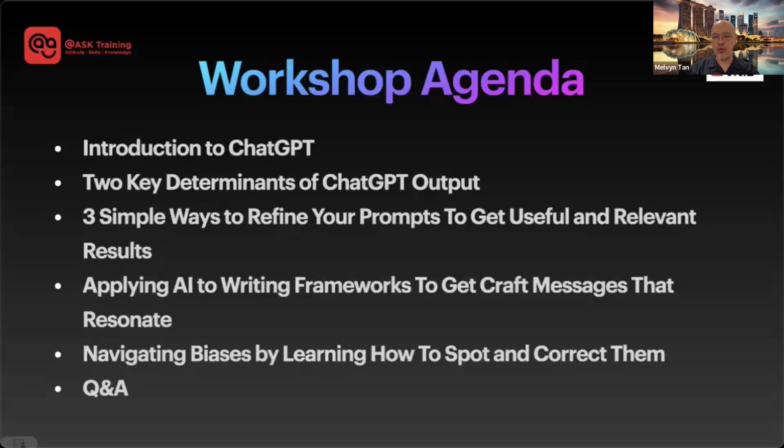So, for example, how do you know that the output that ChatGPT gives you is accurate, or aligned to our culture and our norms? So what are the things that you can do to spot that? And finally, of course, I hope to have time for us to do a little bit of Q&A. Also along the way, I have a little surprise for all of you. So make sure you stay till the end, because you're going to like this surprise.